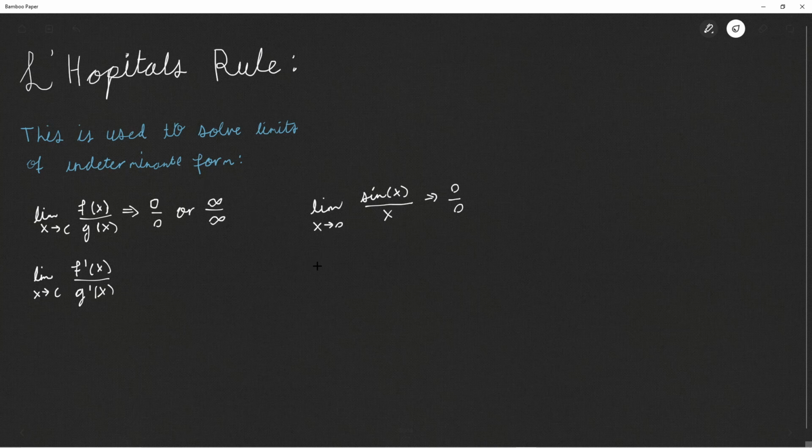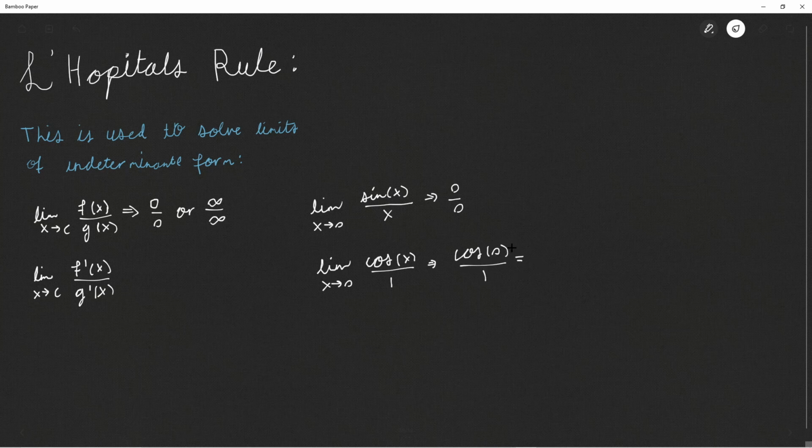So again, we're going to take the same limit as x approaches 0, but now we need the derivative of the top and the bottom, which gives us our new function of cosine of x divided by 1. And now, when we substitute in x approaching 0, this will change to cosine of 0 divided by 1.